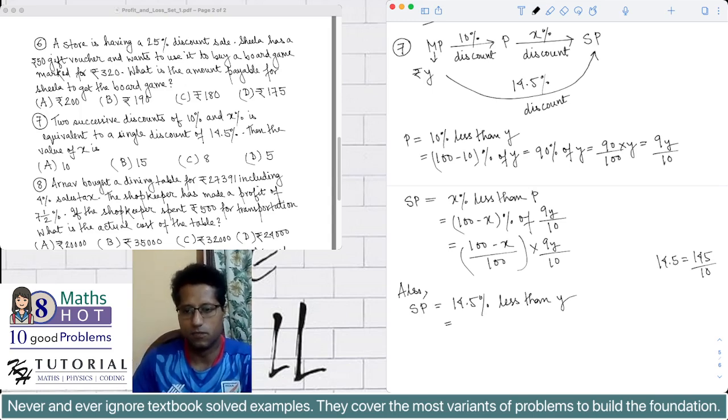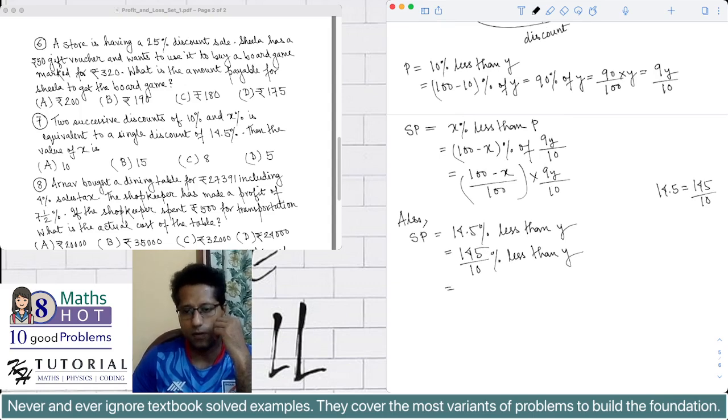Okay, so this is equal to 145 by 10 percentage less than y.